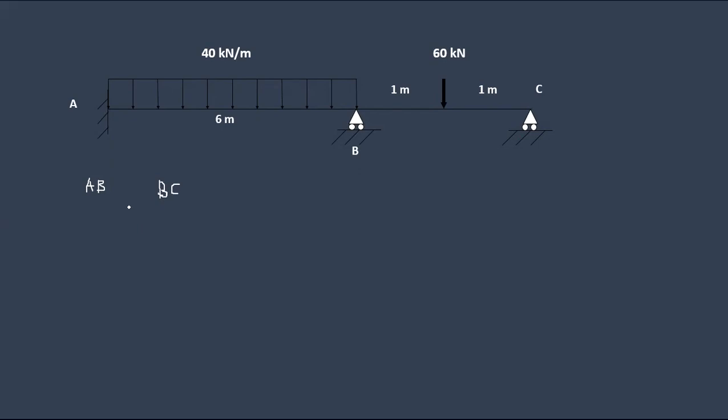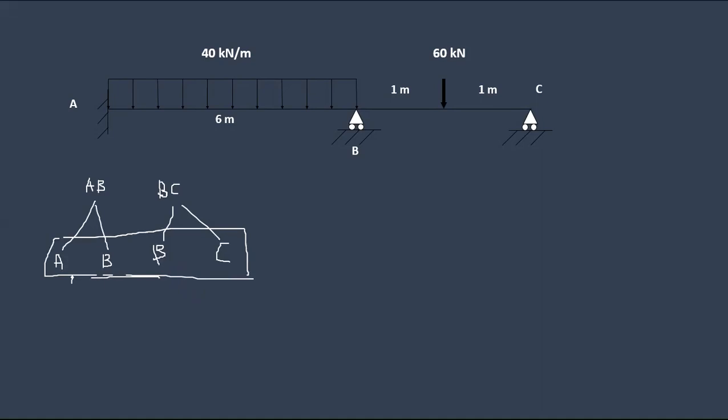You have to apply the slope deflection equation for each span. So for each span, you will have to apply it two times: at A and at B, then at B again and at C. From these four equations, you can find theta A, theta B, and theta C, and if there's any delta.